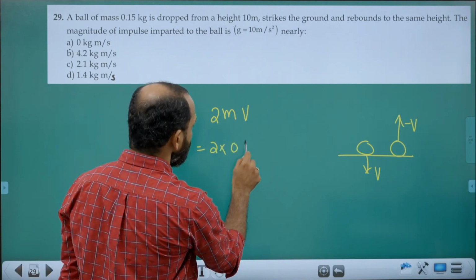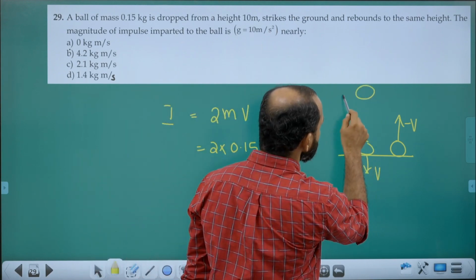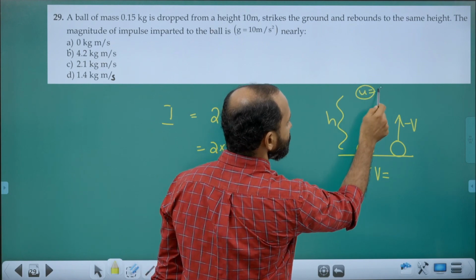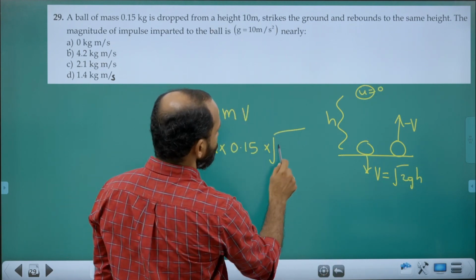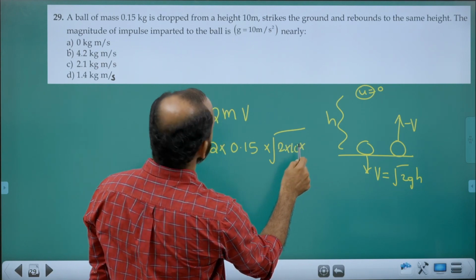What is m? m is 0.15. But v is not given. But it was dropped from some height h. With what velocity does it reach if it is dropped from rest? That is equal to root of 2gh, root of 2 into g 10, h is given 10 meter.